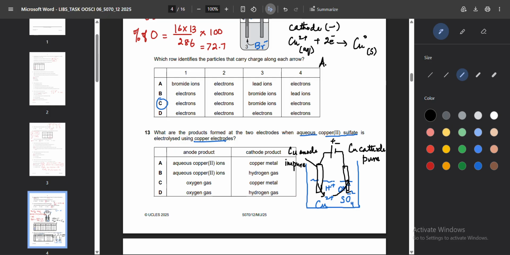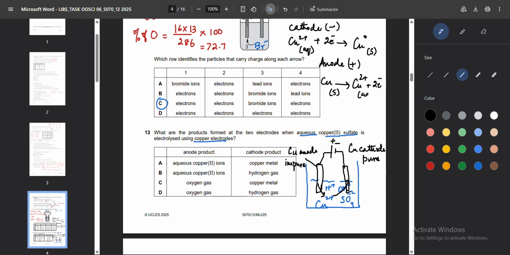And what happens at the anode? Anode is positively charged, and over here the copper from the anode is impure copper. So from the electrode these move into the solution as copper ions by losing electrons.